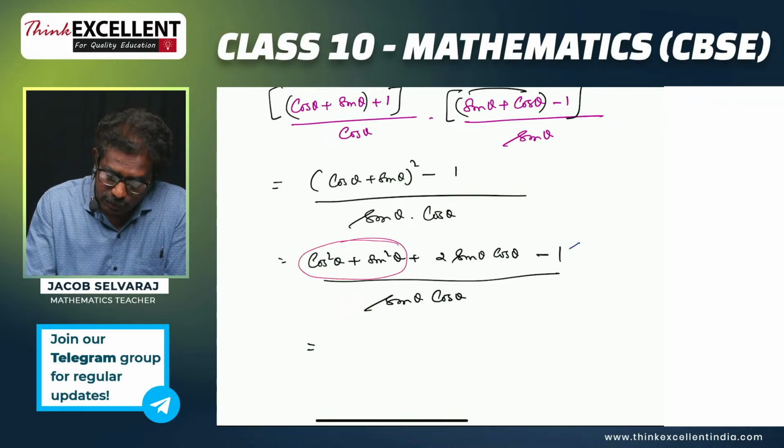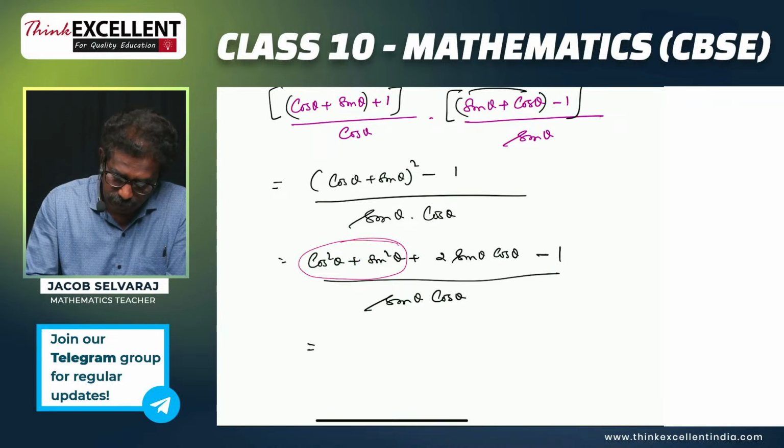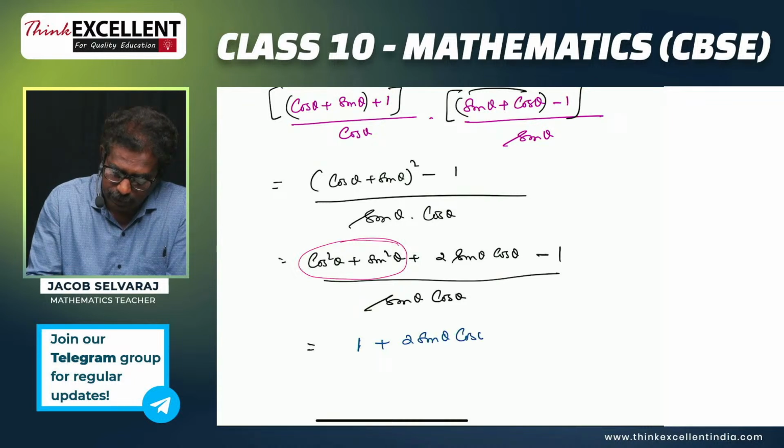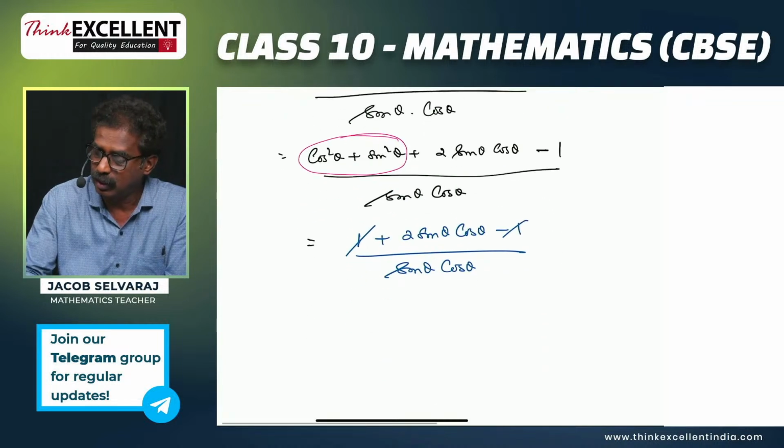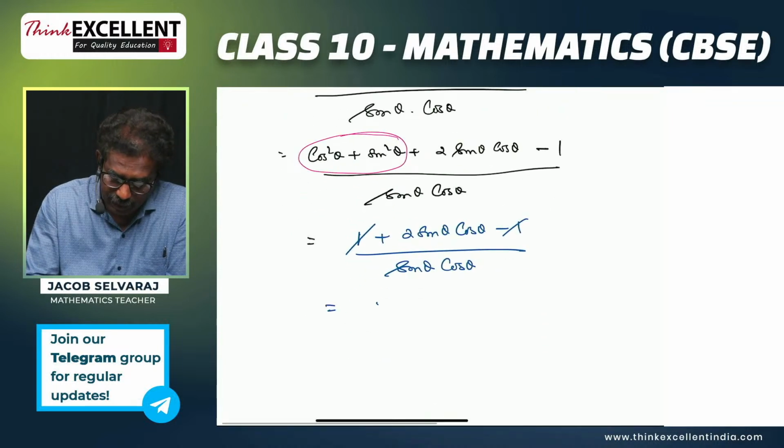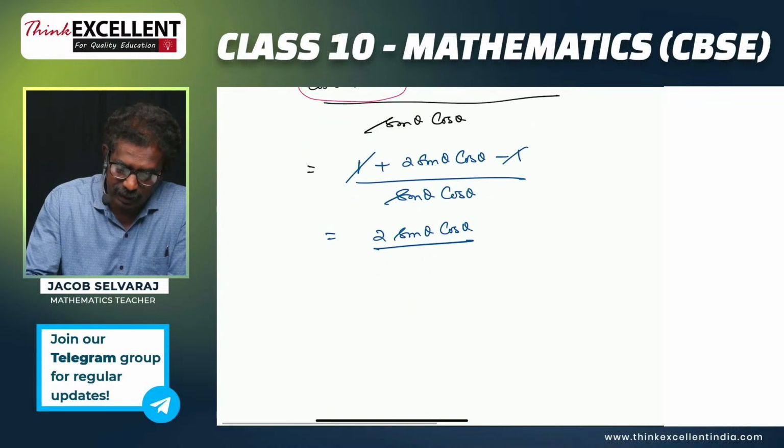That 1 and this minus 1 get cancelled, right? Hope you understood that. Plus 2 sin theta cos theta minus 1 divided by sin theta cos theta. Plus 1 minus 1 cancel. So you are getting 2 sin theta cos theta divided by sin theta cos theta.